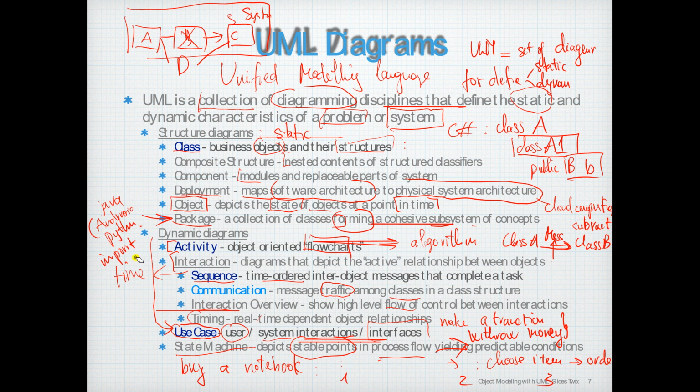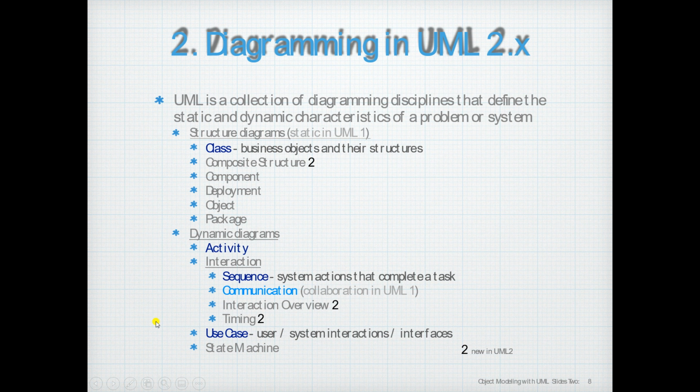Here is the UML diagram we will learn during this course. This is just an overview. We have structure and dynamics, some diagrams here and some here. Diagramming in UML 2.1.